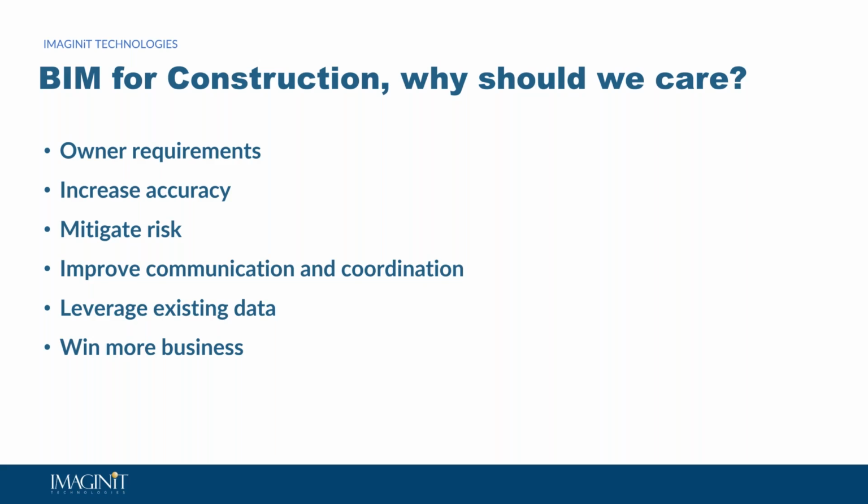One thing that we see in the Autodesk Construction Cloud a lot is that we are able to leverage existing data. This kind of ties back to the owner requirement. If the owner is already requiring a model to be designed by the design team, then we can leverage the information that they're putting into the 3D model to support things like submittal management, warranty information, closeout information.